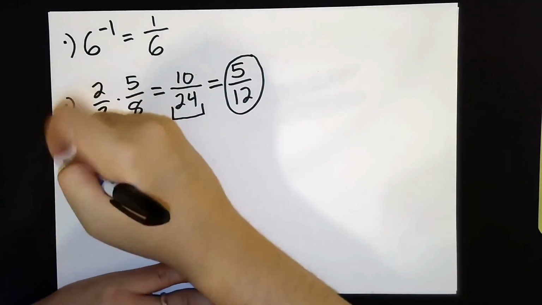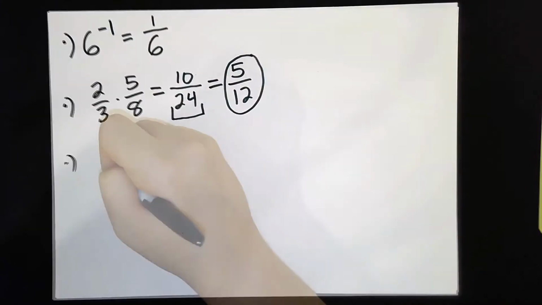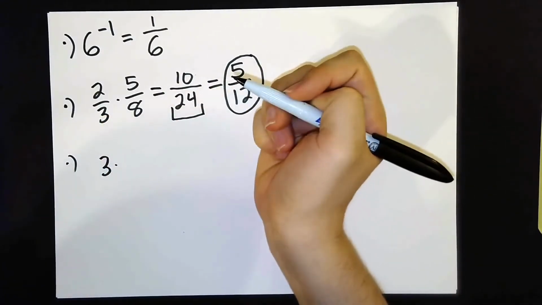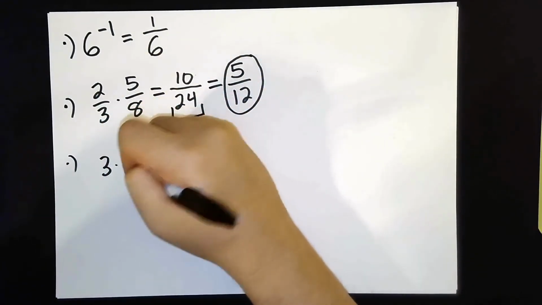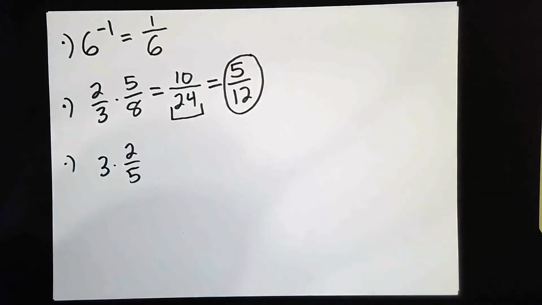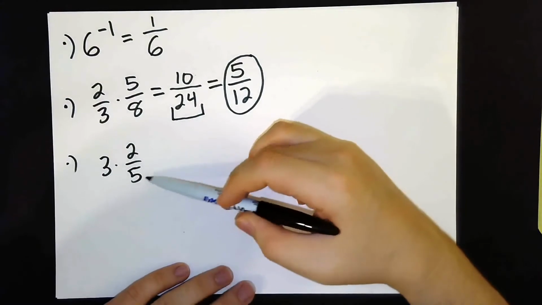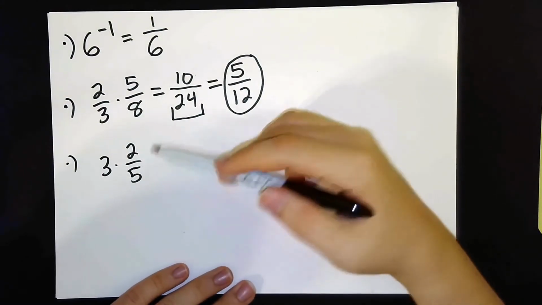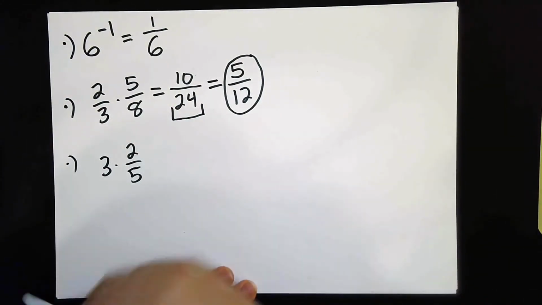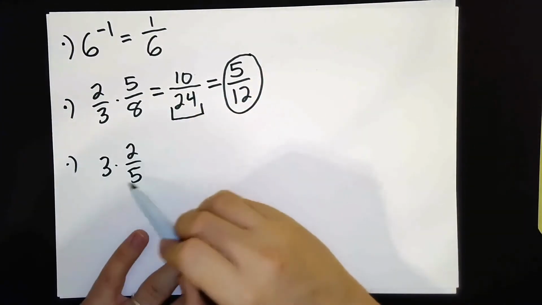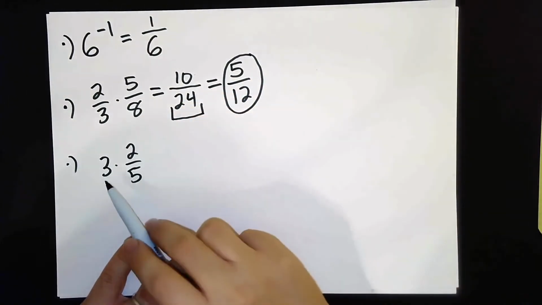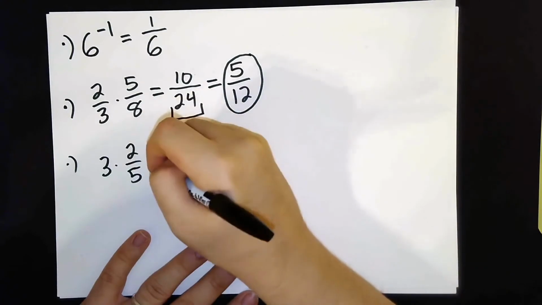Something that often comes up is that you will have something that's not a fraction multiplied by a fraction. So for example, you will have something like 3 times 2/5. And when you see this, it's not immediately clear what it is you're supposed to do. But what I want you to do is to rewrite the 3 as a fraction.